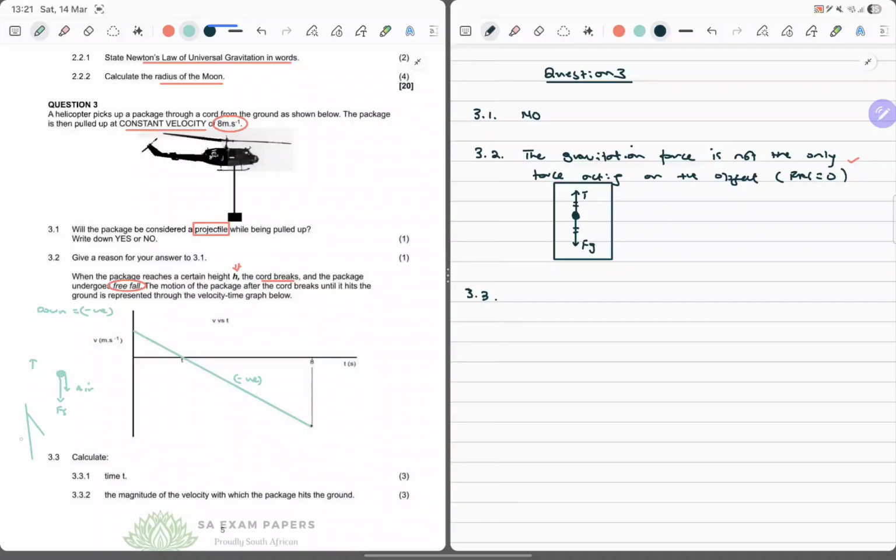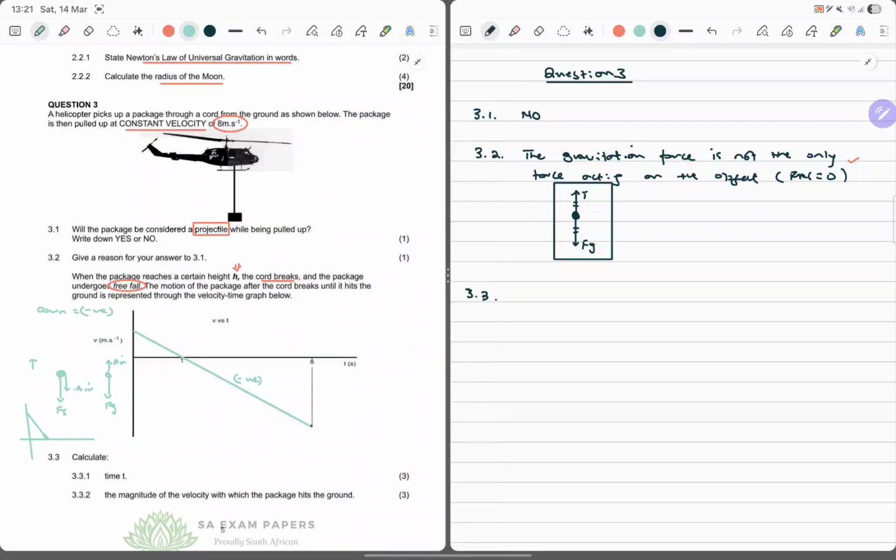Right? Now this reaches maximum height. This is when it crosses there. But now when it changes direction, the gravitational force is still down, but the air resistance would be up. But by the fact that it's going down, it means air resistance is essentially less than the gravitational force. Now the resultant force would be the difference between the two.